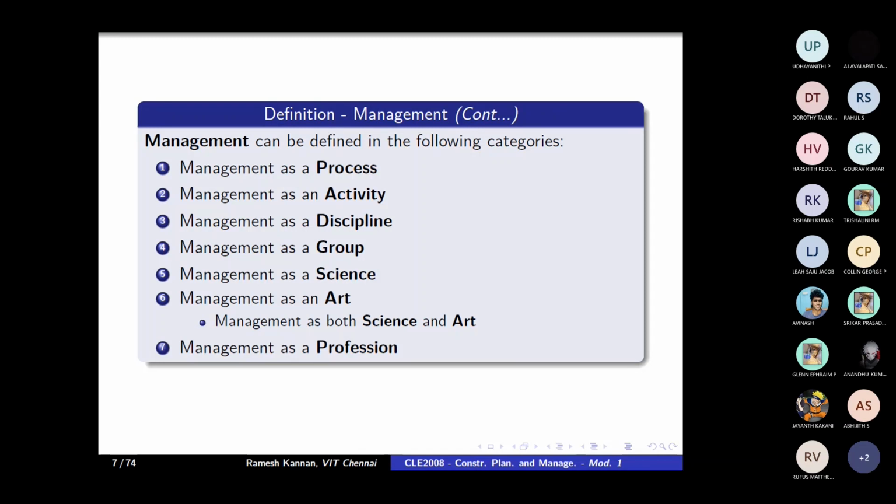This is pretty common even in non-profit organizations and in government organizations, where there are directors and, in the highest scenario, district collectors who would be the head of the particular government organization. So it's a group rather than a process, activity, or discipline. Something like a board of members, and in academics, board of studies members or academic council members, and so on, right?